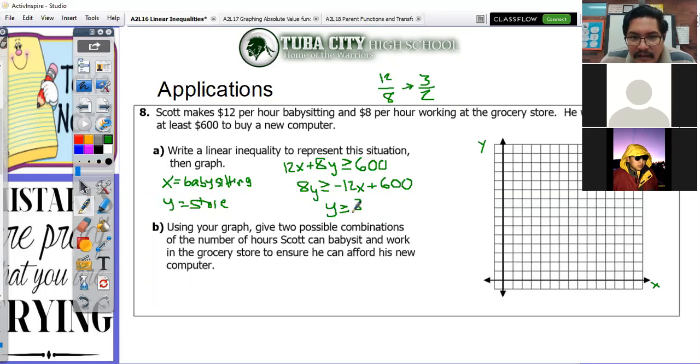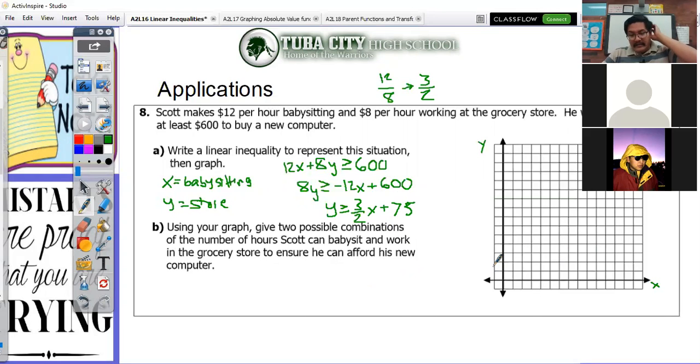So 3 over 2x plus, and again, we're not using any negatives, so I don't think this is going to change anything. 600 divided by 8, and that would be 75. There we go.